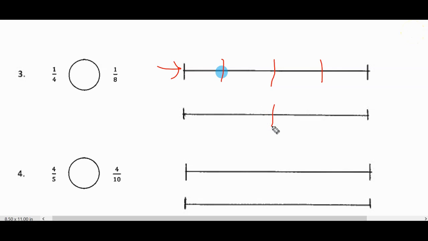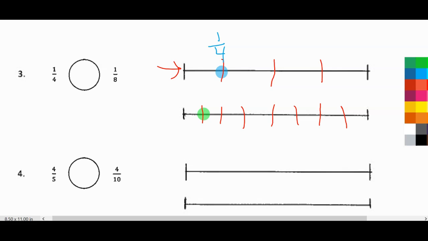So I'm going to divide it in half like this, and then each of those in half, and then each one of those in half. And I get 8. And here is 1/8. So 1/4 is up here. And 1/8 is right here.